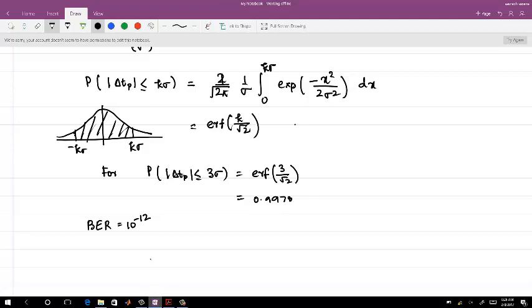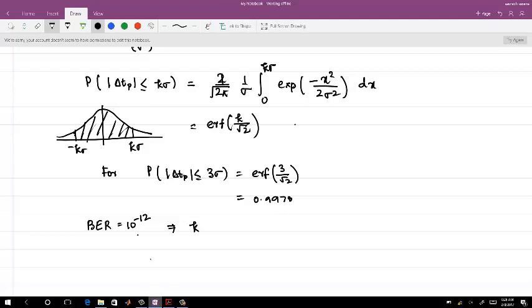If I want this kind of bit error, normally we need to find what is k, what kind of noise can actually give me an error of 10 power minus 12.